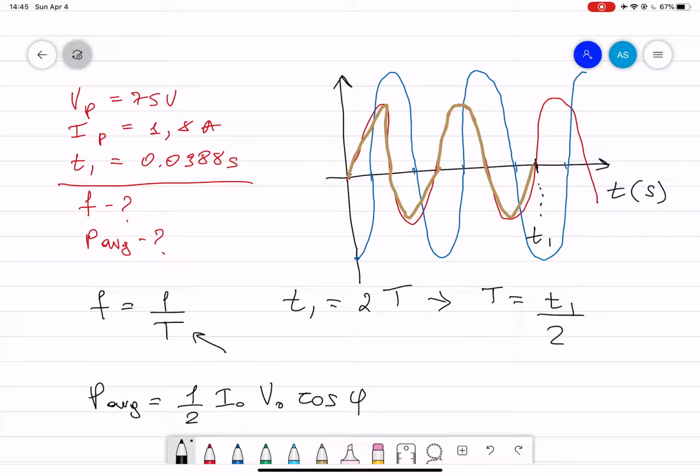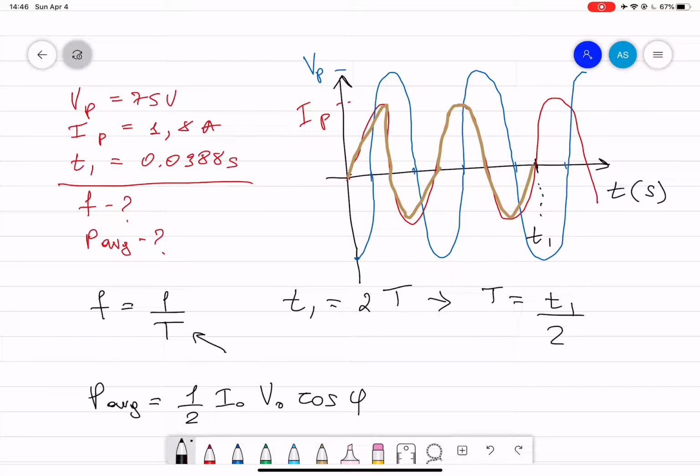Okay, now how can we find the phase difference here? As you can see here, this is the peak voltage, and this is the current peak.